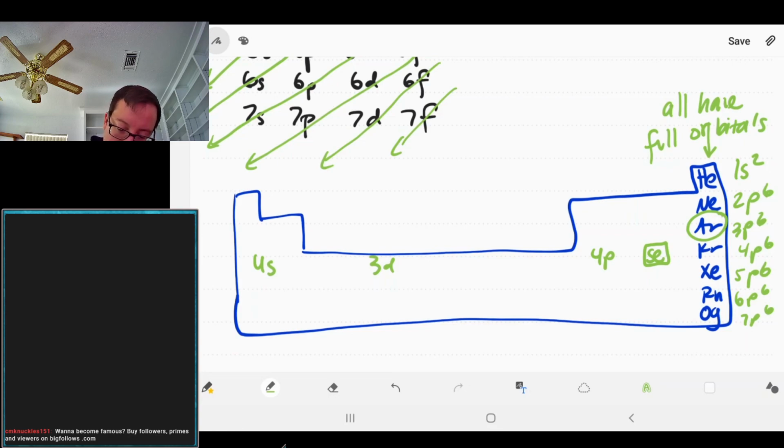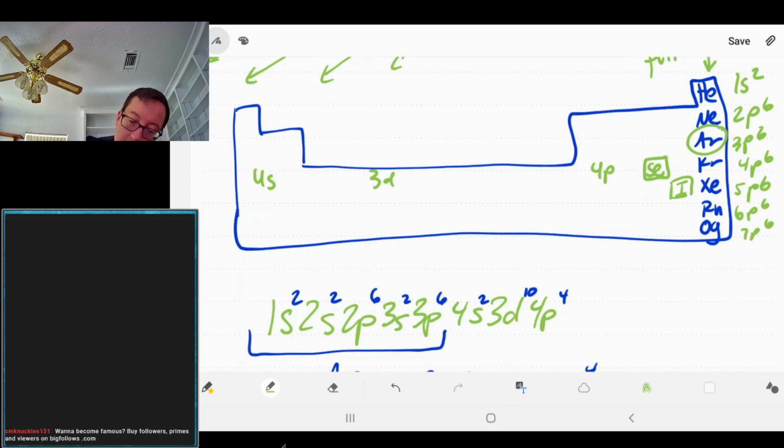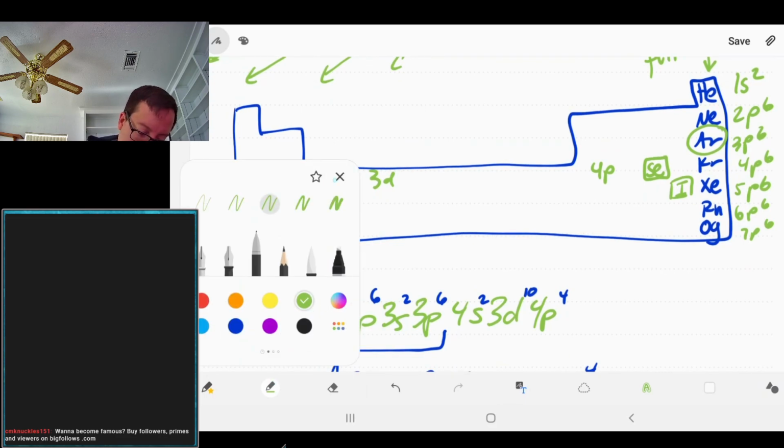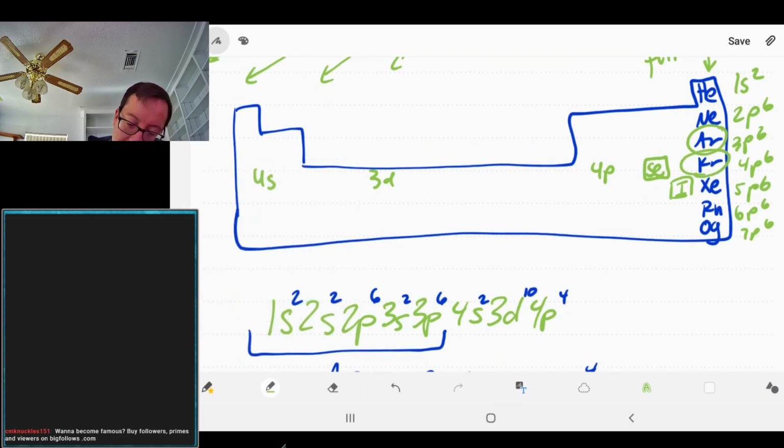If we're looking at, say, iodine, iodine is here. It is in the 5th column of the 5th row in the p block, so 5p5. If we look at the noble gas before iodine, it's krypton.